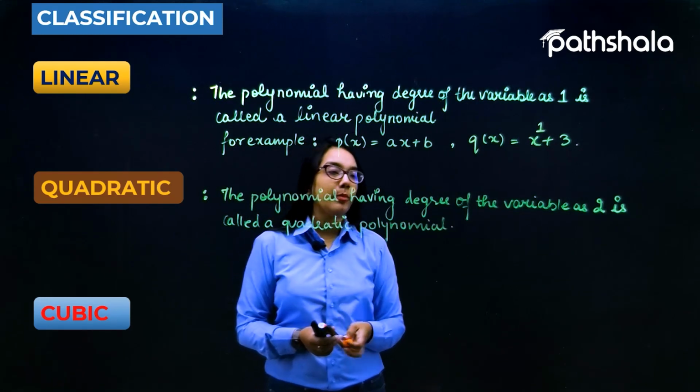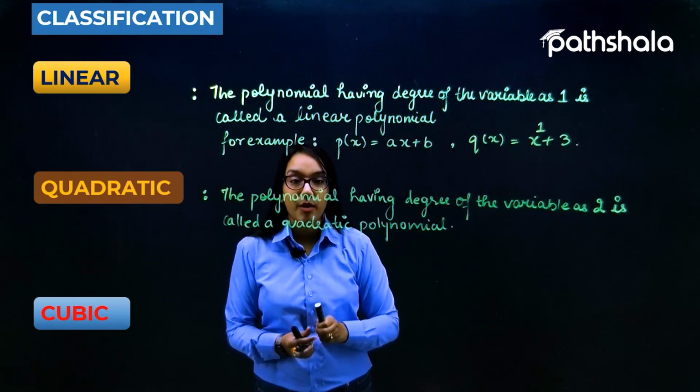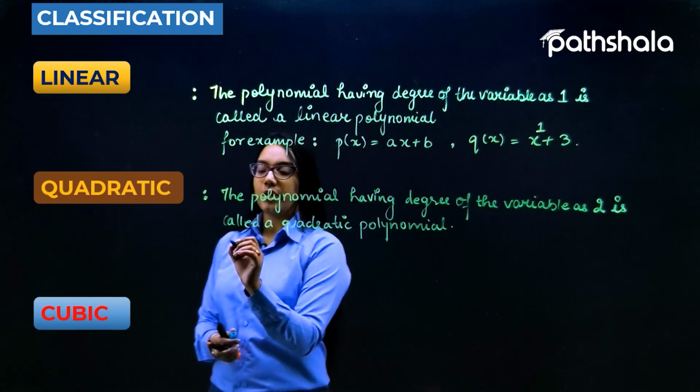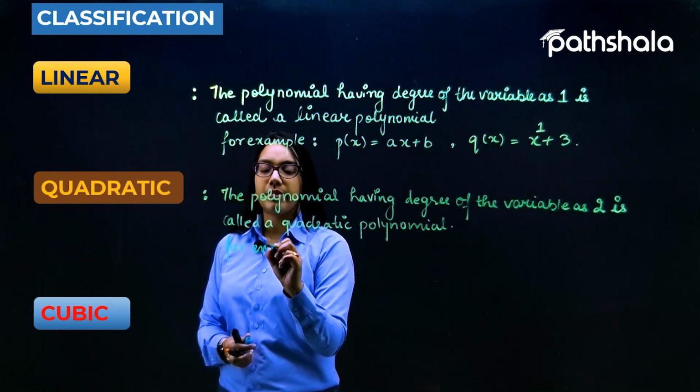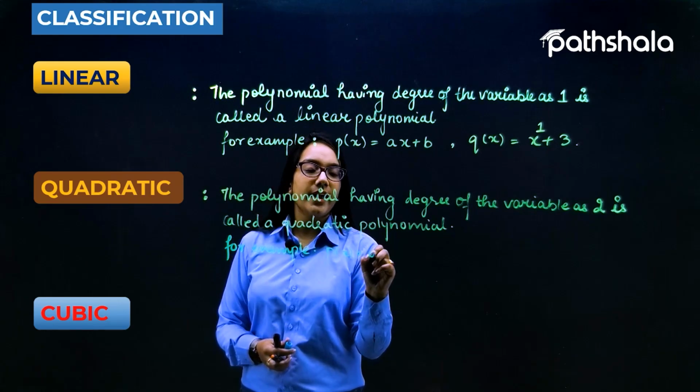So ऐसे polynomials जिनकी डिग्री जो है वेरिएबल की वो हमारे पास 2 हो जाए, उसे हम क्या बोल देते हैं? Quadratic polynomial.